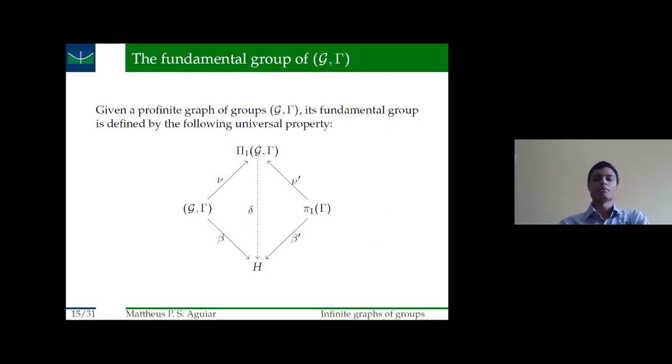So in the book of Ribes, the profinite fundamental group of the graph of groups is a profinite group such that it respects this universal property.